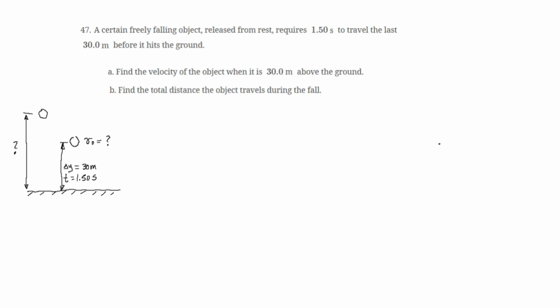So what I'm doing next, I say, well, let me review my knowledge about equations of kinematics, what equation can relate my knowns and unknowns. So I know the delta y, I know the time, I know that it's in free fall, so I know that the acceleration is the acceleration of gravity.